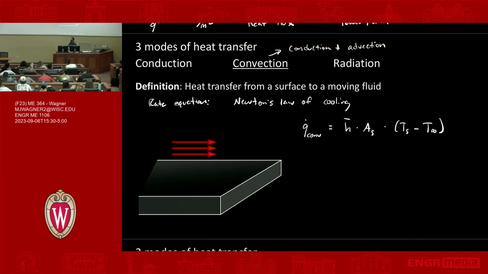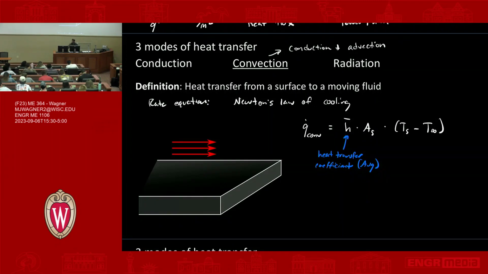So let me explain what each of these are. You recognize that there's an area, there's a temperature difference, and then there's this h bar. h bar is the heat transfer coefficient, and it turns out to be an average heat transfer coefficient.